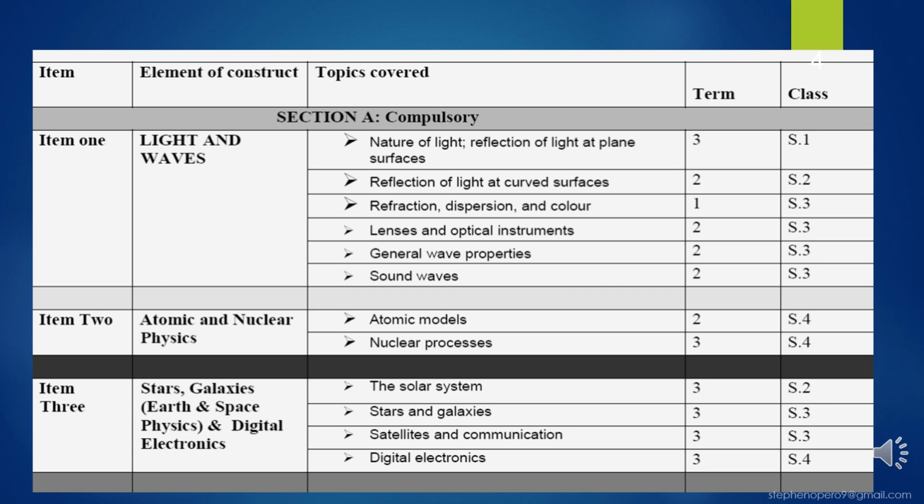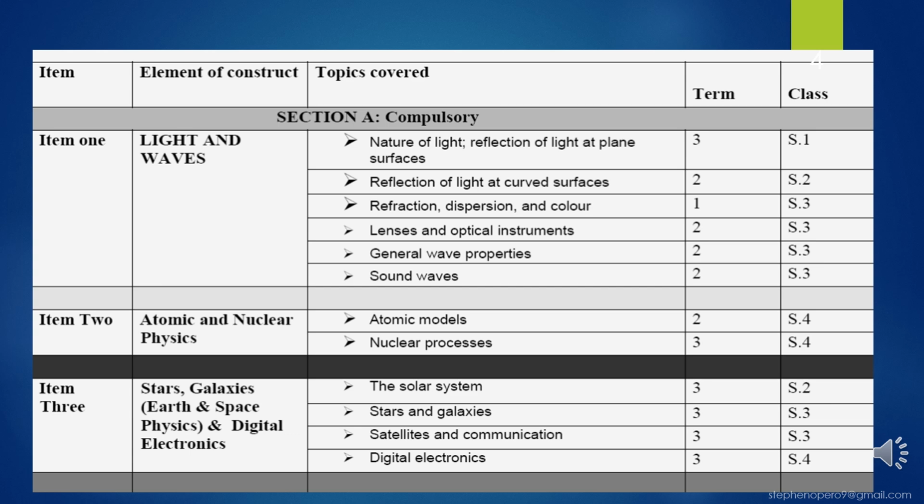Item number 2 comes from the theme called atomic and nuclear physics, in other words modern physics. This has 2 topics: the first is atomic models, and the second is nuclear processes.